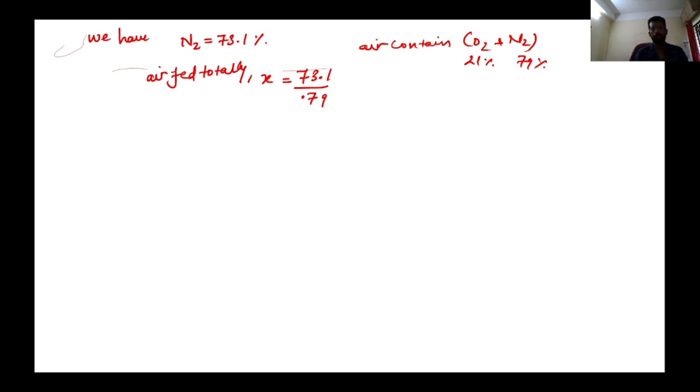This is the only N2, because N2 is an inert component. It will never react with any product or reactant. So whatever quantity we have in the input, the same quantity we get in the output for the inert component. So from here we get air fed X equal to 92.53 kilomole.